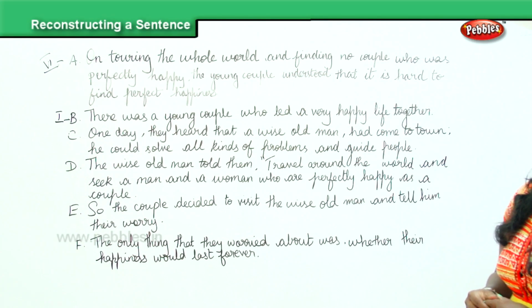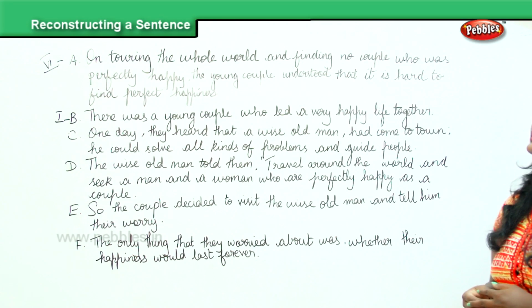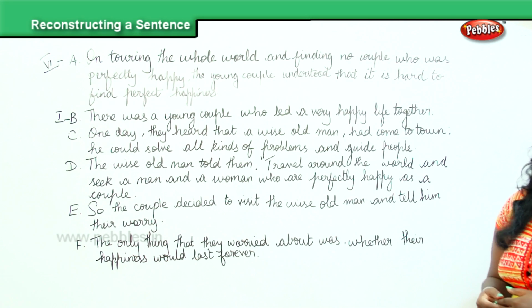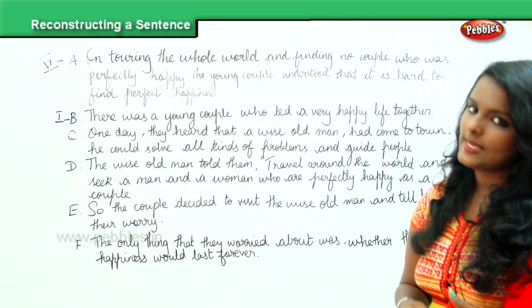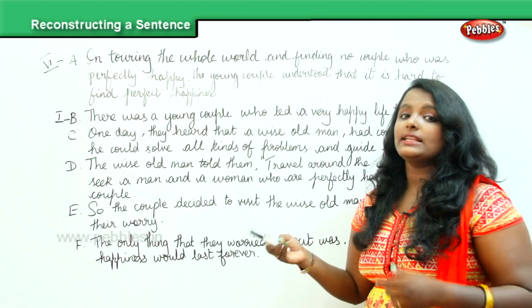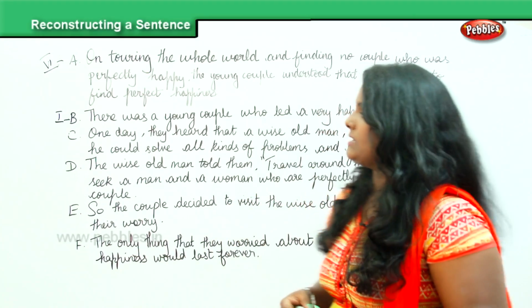On touring the whole world and finding no couple who was perfectly happy, the young couple understood that it is hard to find perfect happiness. So that is a clear wrapping up sentence. So that would be your 6th sentence. So it's great that we have identified the first and the last sentence of the passage.